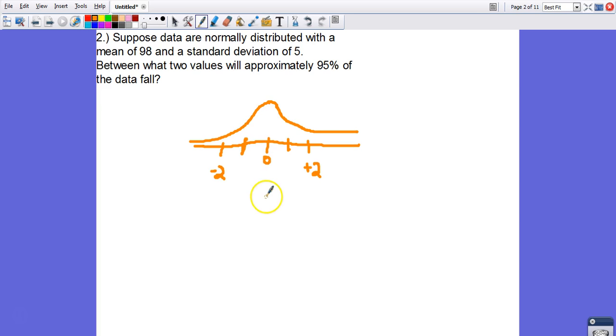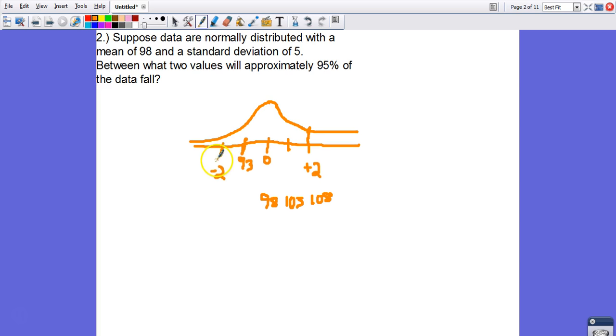So if the mean was 98 and my standard deviation is 5, then 98 plus 5 is going to be 103. And 103 plus 5 is going to be 108. And that's going to be my second standard deviation level at 108. Then I subtract 5. I'm going to get 93. And subtract 5 more.